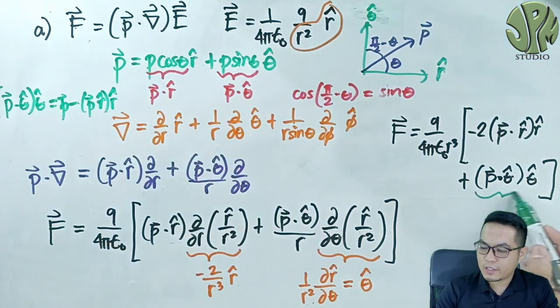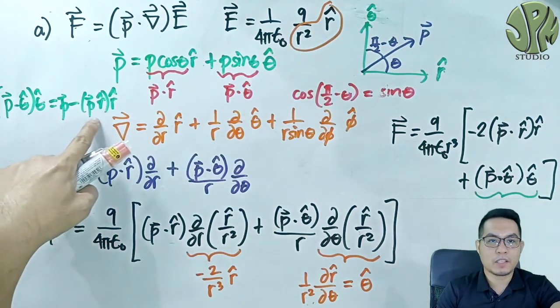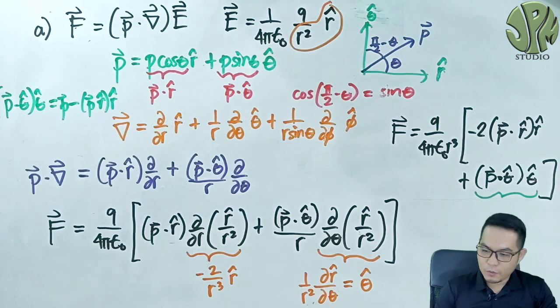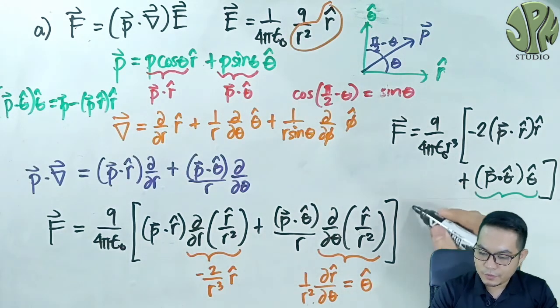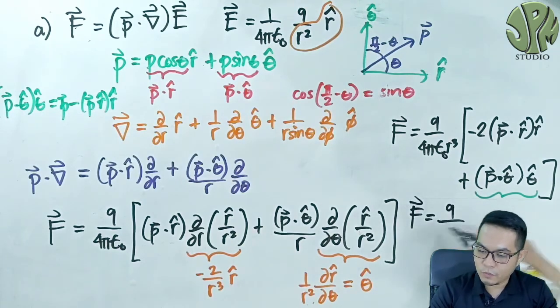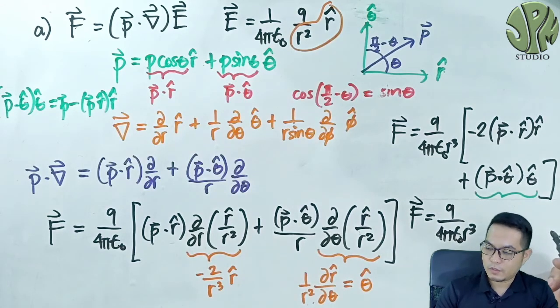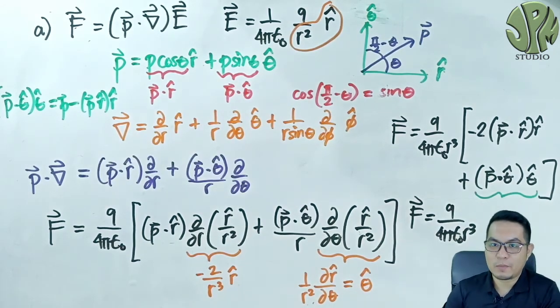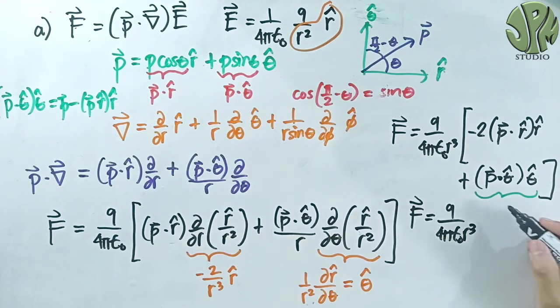You replace this by p minus p dot r hat, and you will get the force on the dipole as q over 4 pi epsilon naught r cubed, times p minus 3 p dot r hat.